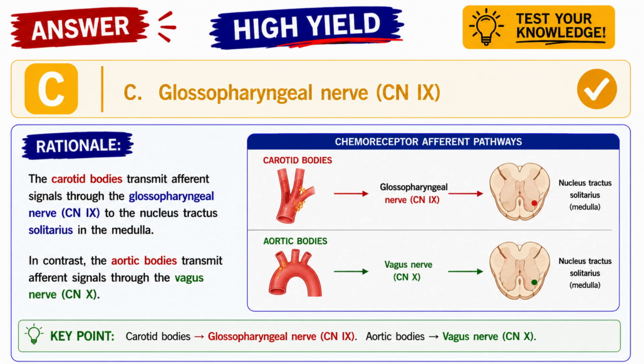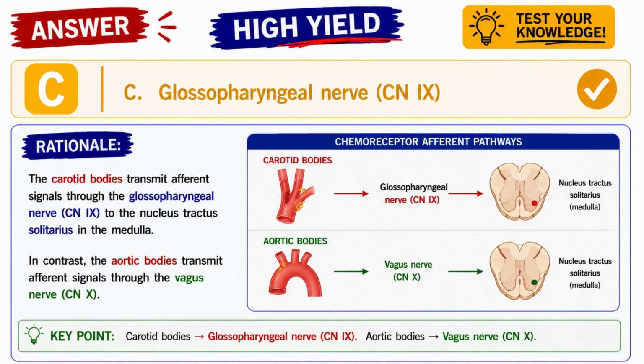Here's why. The peripheral chemoreceptors, carotid bodies and aortic bodies, are the sensors in the circulation that respond to arterial chemistry. They respond primarily to low arterial PO2, particularly when PaO2 falls below approximately 60 millimeters of mercury. They also respond to increased PCO2 and decreased pH, though less powerfully than central chemoreceptors respond to CO2.